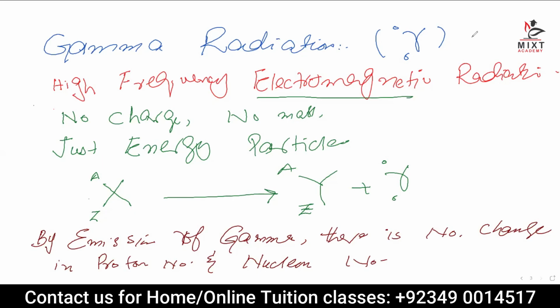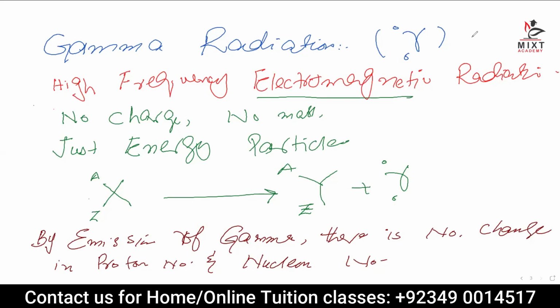Sir, you said that gamma radiation only emits when we have alpha or beta particles, right? In actual reality, does this apply to the physics we do in IGCSE? Yes, so we have to consider this while answering our questions.